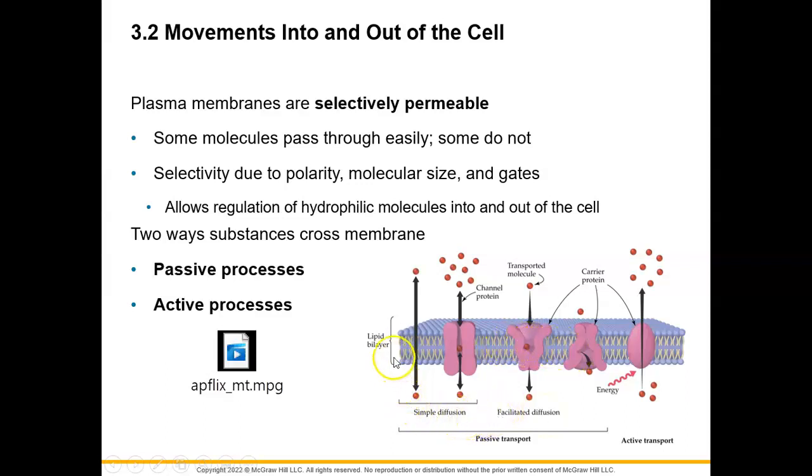In passive processes, substances are moving from where there's more of the substance to where there's less. Active transport moves a substance against its gradient from where there's less of the substance to where there's more. This requires energy in the form of ATP and a carrier protein that we call specifically a pump.